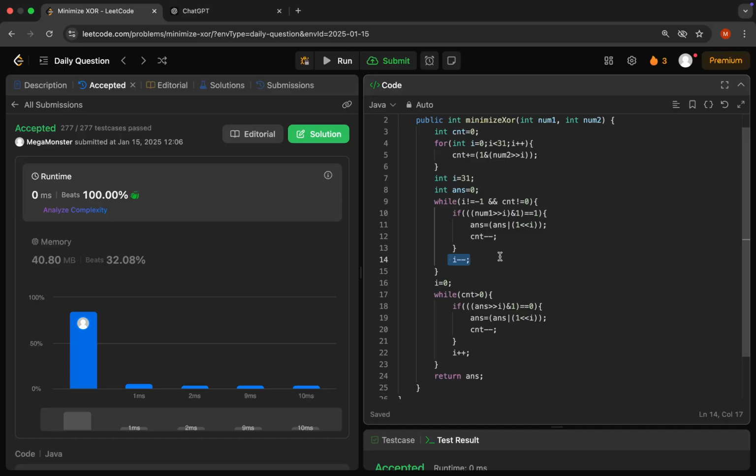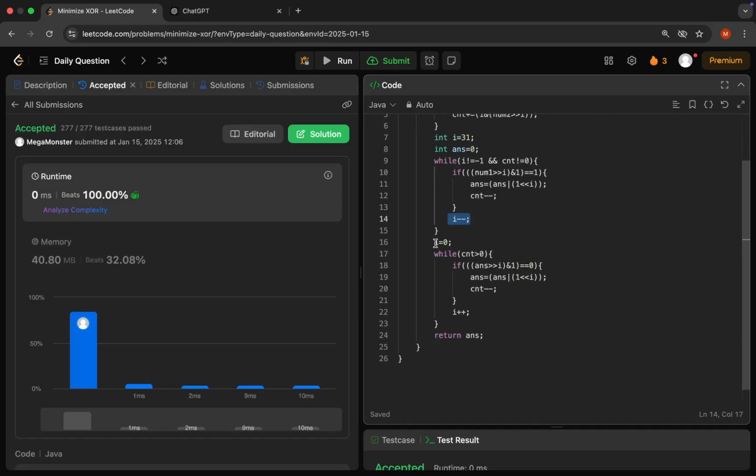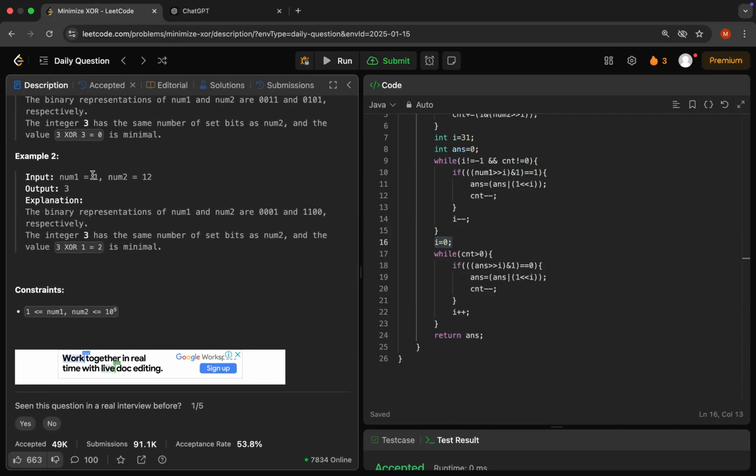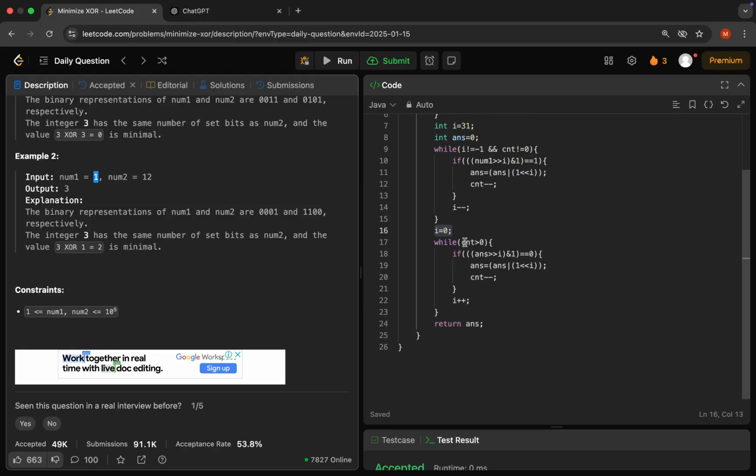At the end, I will initialize i with 0, and if we have remaining set bits, as I said in the second example, we required only one bit, but as per the condition we have to use the second bit also. So we will iterate from the rightmost to the leftmost, and make the off bits 1, meaning set bits, while cnt is greater than 0.